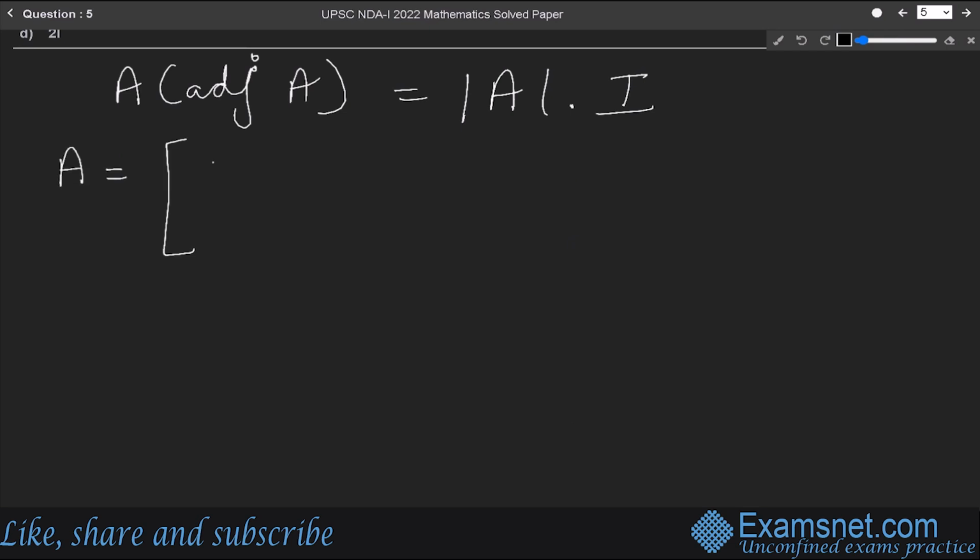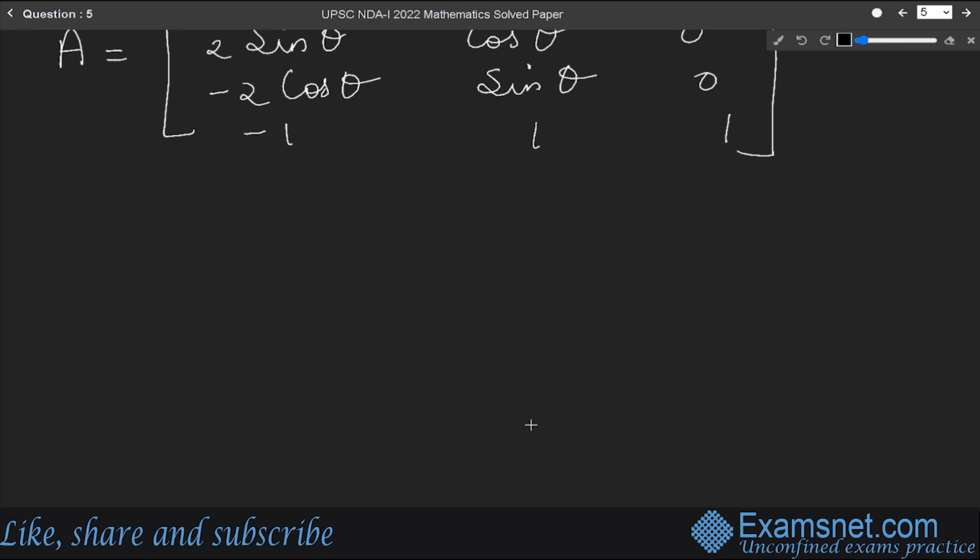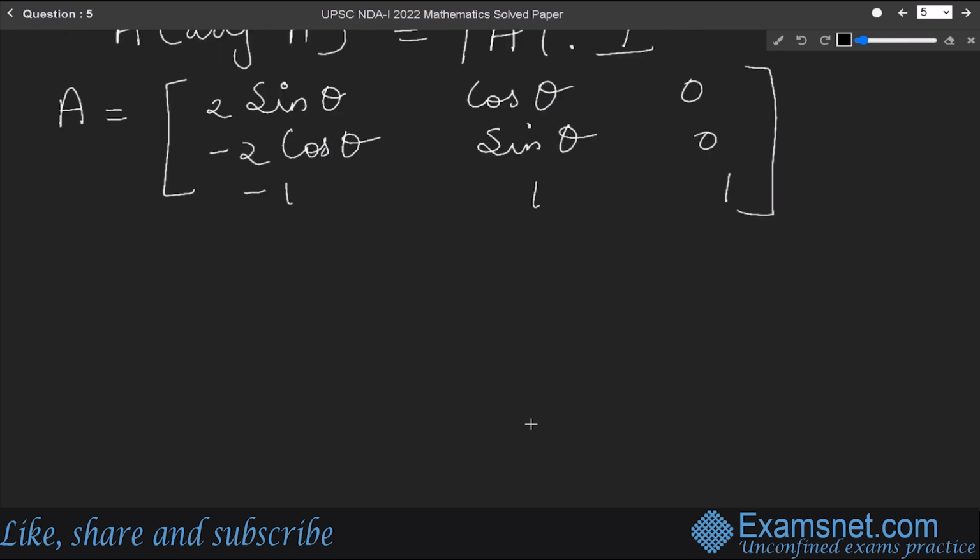The value of A is 2 sin theta cos theta 0, minus 2 cos theta sin theta 0, minus 1 1 and 1. In order to find the determinant of a matrix, we have to follow certain steps. Firstly, we remove the first row and the first column.